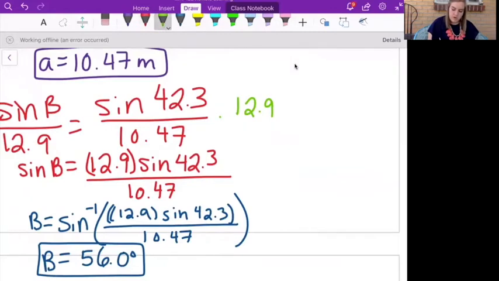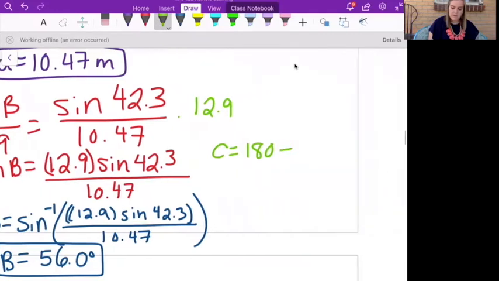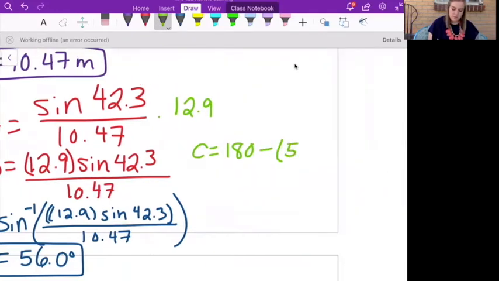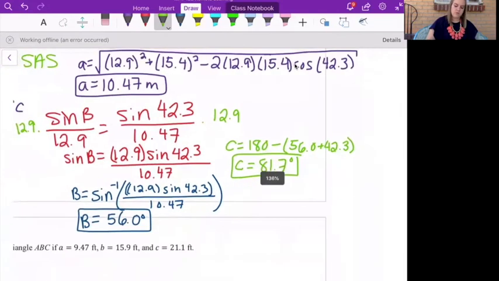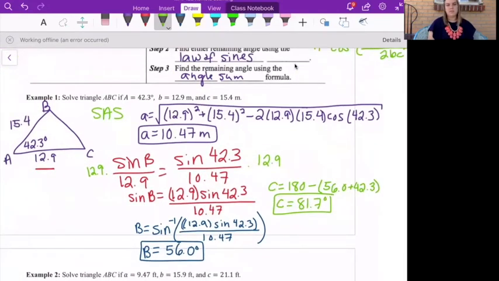So then angle C is going to be 180 minus, we want to add 56 to 42.3, and then subtract 180 from that. So we get that C is 81.7 degrees. So we have our two missing angles and our missing side.